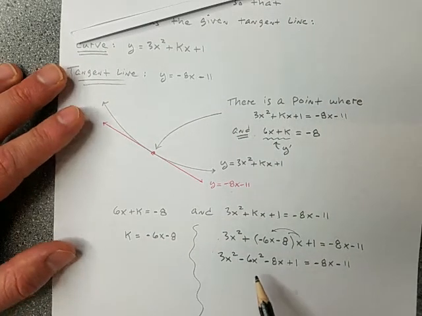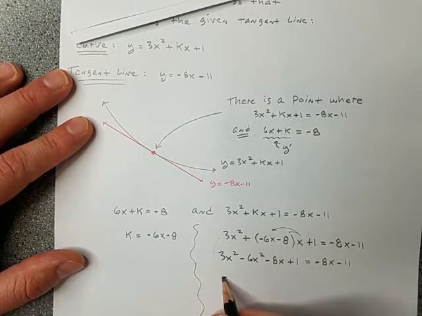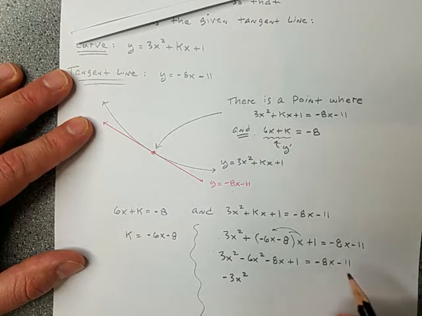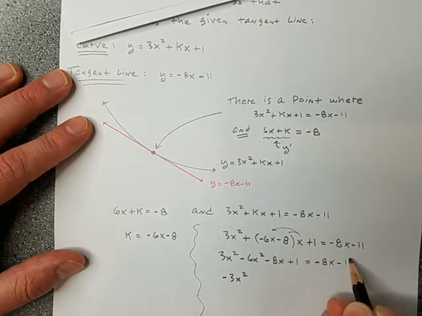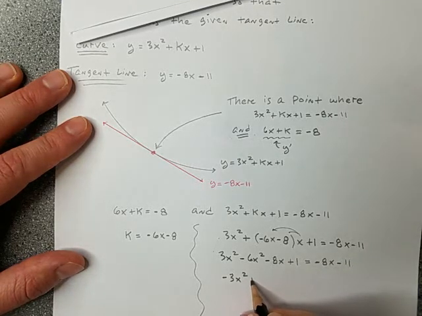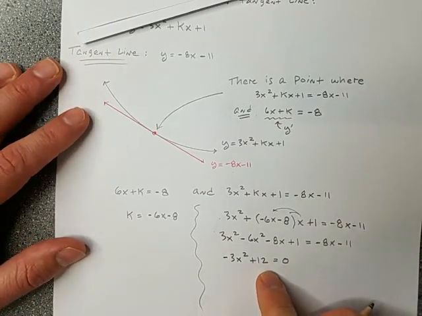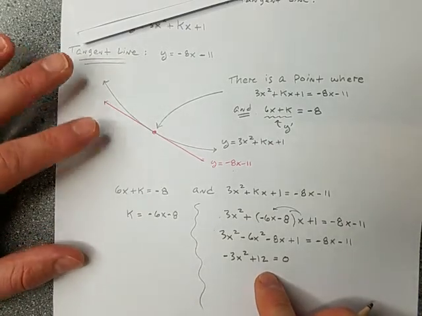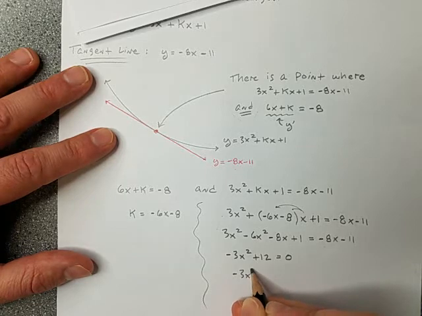Now let me do a few things at one time. 3x squared and negative 6x squared will be negative 3x squared. If I add 8x to both sides, this will cancel and that will cancel. If I add 11 to both sides, I'll get 12. So maybe I think I get a quadratic to solve, and I could solve this by the quadratic formula if I wanted to, but I think it'll be a little bit easier to do this.